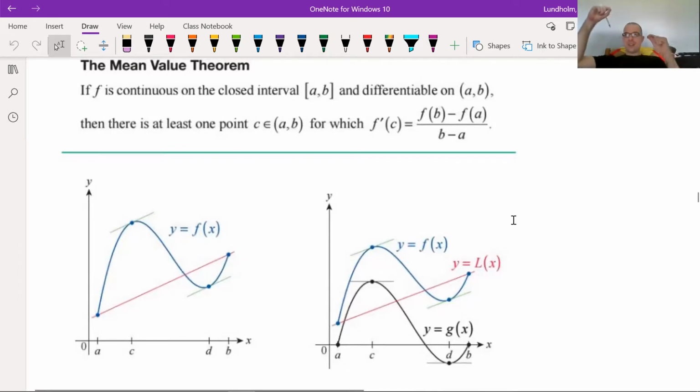Where you've got still two endpoints of the interval, but they're not necessarily the same exact y value. But what the mean value theorem says is that for a function that is continuous on a closed interval and differentiable on the open interval, there's going to be some point where the derivative, the instantaneous rate of change, equals the average rate of change.